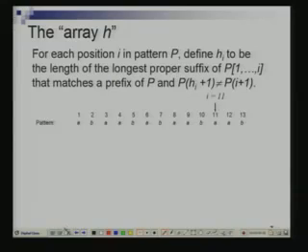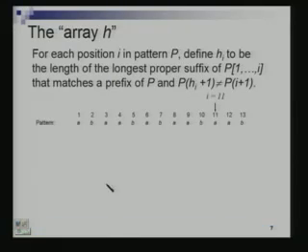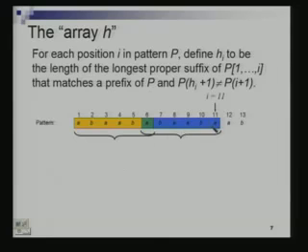Okay, so let's continue. So this part of the pattern, this is what we already discussed, is the same as this part, right? And the 7th position is not the same as the 12th position. So with hi, if we put the h11 value as 6, then this condition is true.